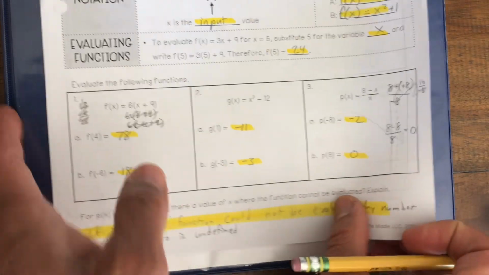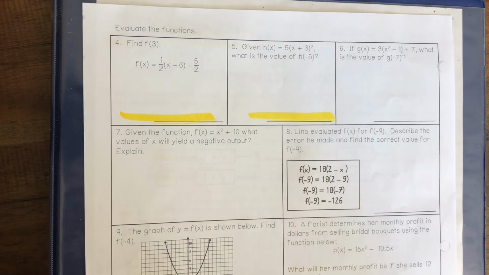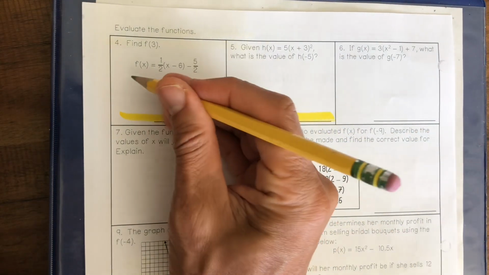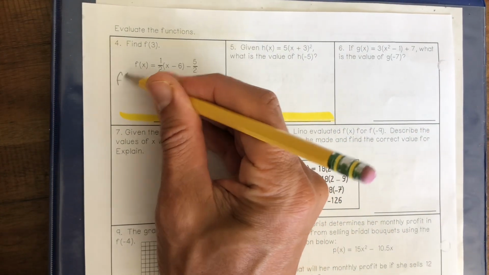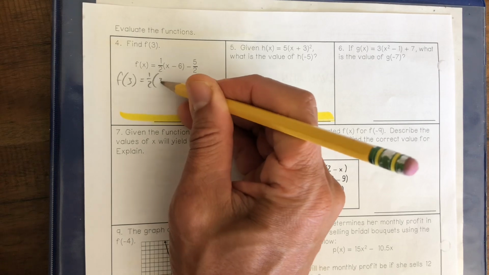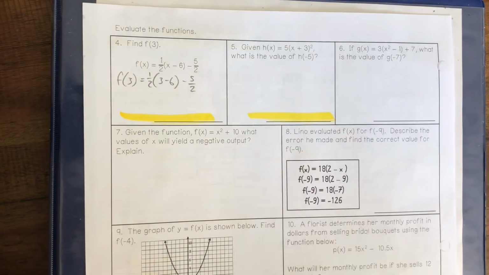Okay, moving over to the back part of this. For f of 3, if we input 3 for x, let's say that f of 3 equals 1/2 times (3 minus 6) minus 5 halves.